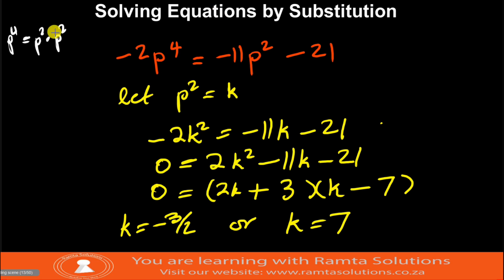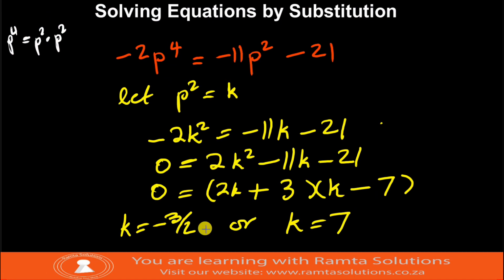Now, for k equals negative 3 over 2. Remember, we are solving for p. The question didn't ask us to solve for k, but for p. So we say, what was k? k was p squared.